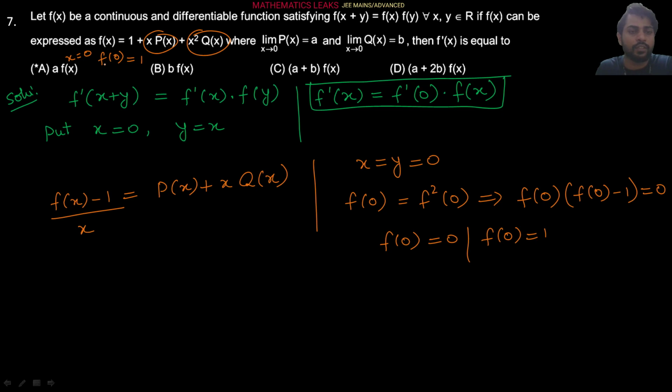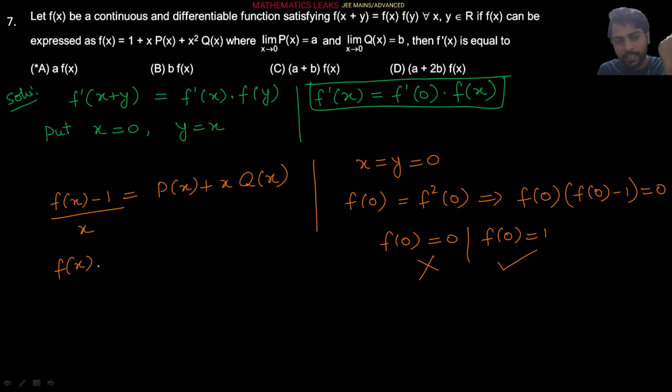So f(0) = 1 we are getting. So f(0) = 0 is not possible, f(0) = 1 is possible, right now. We can easily observe this. Now f(0) is 1, so can we say this one is nothing but f(0) only? Can we say like this?